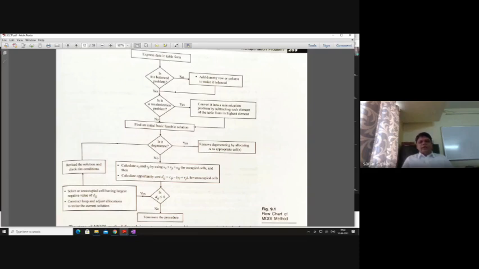You have to resolve the degeneracy. How to resolve the degeneracy? You have to allocate one very small quantity delta, which is close to 0, tending to 0, or equal to 0, to an independent unoccupied cell of minimum cost. Independent means it will not form a loop.